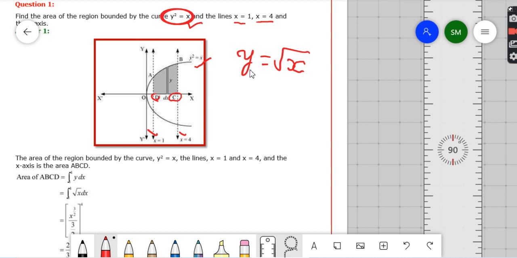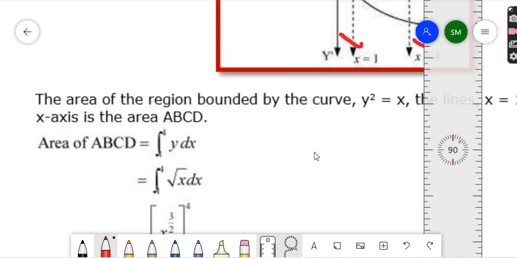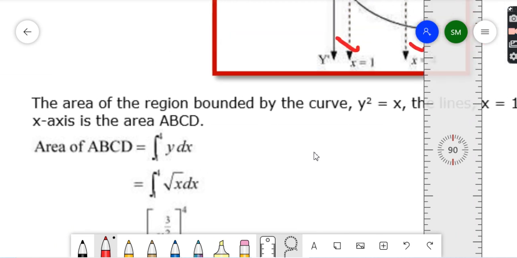If you know these two parts, then it is very easy to calculate. Then I will tell you how to find out directly. You can say integral 1 to 4 y dx, because we are considering the limit of x, and that is between 1 to 4 as shown in the figure. Now value of y, as I explained to you, y square equal to x, so the value of y will be under root of x.